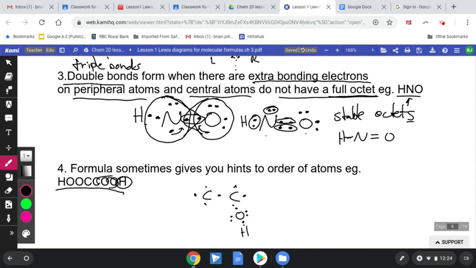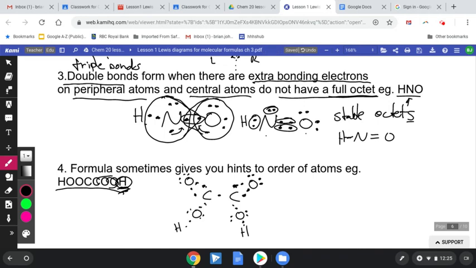So the hydrogen is on the outside. And then I have 2 bonding electrons left for the other oxygen, and that works because the other oxygen has 2 lone pairs and 2 bonding electrons to make a double bond. And it would be the exact same thing on this side, 2 lone pairs and 2 bonding electrons for a double, and an oxygen with 2 lone pairs, a bonding electron, and 1 more bonding electron for the remaining hydrogen.